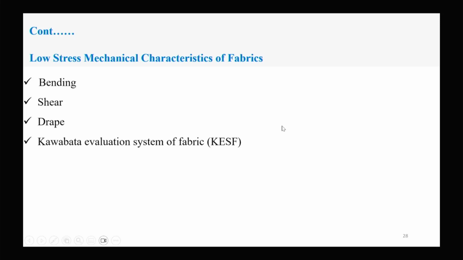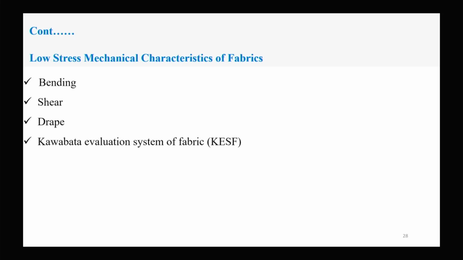Then low stress mechanical characteristics, which is very important, particularly for apparel testing. So low stress mechanical characteristics is not for technical textiles, but for apparel textiles or home furnishing, it's very important. And there is bending, shear, drape, all this will be used. Another method is a combination which is called Kawabata evaluation system for fabric, KES-F, where a number of parameters are tested.